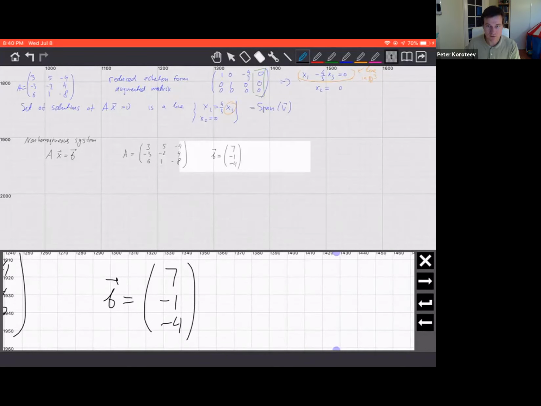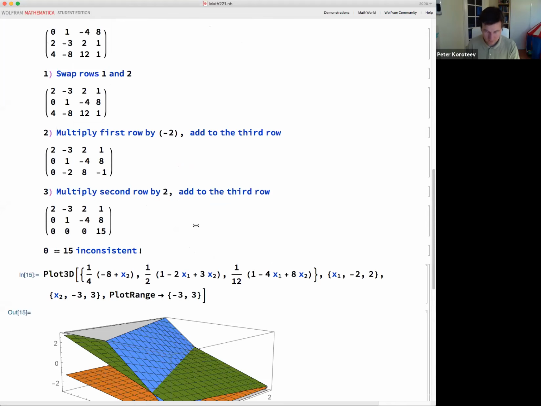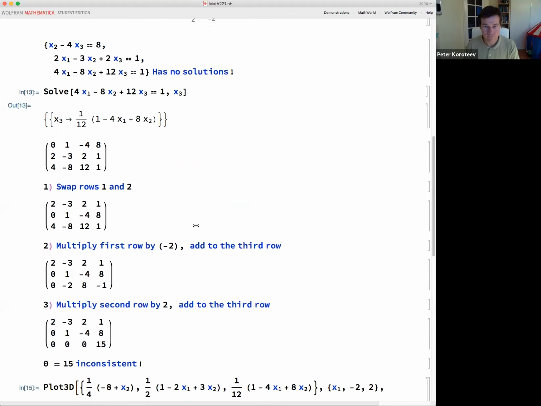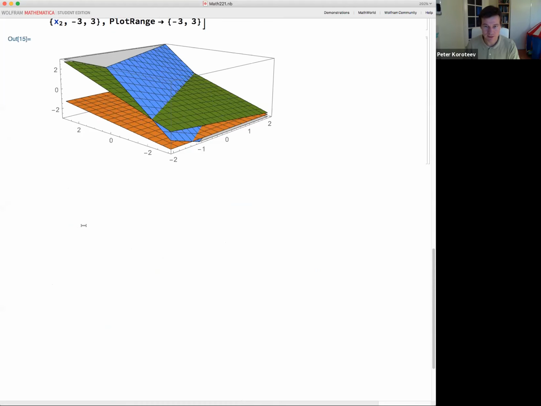Okay, so now we can do the same calculation of the reduced echelon form. If you want, as an exercise, we can quickly do it on a computer. Maybe we still have it in Mathematica. Okay, let's do it really quick. By now you should be pretty handy with those things, right?